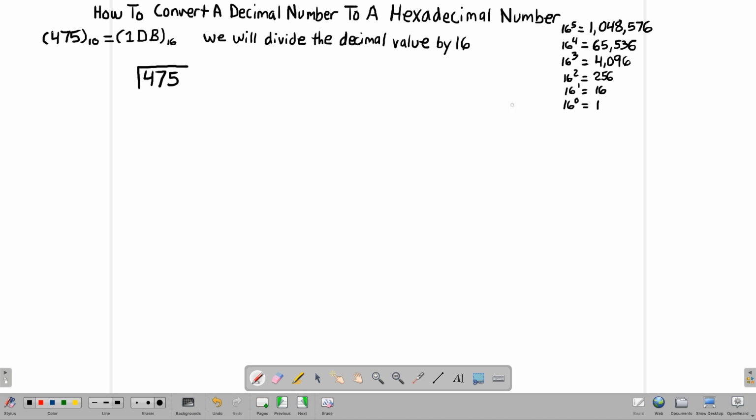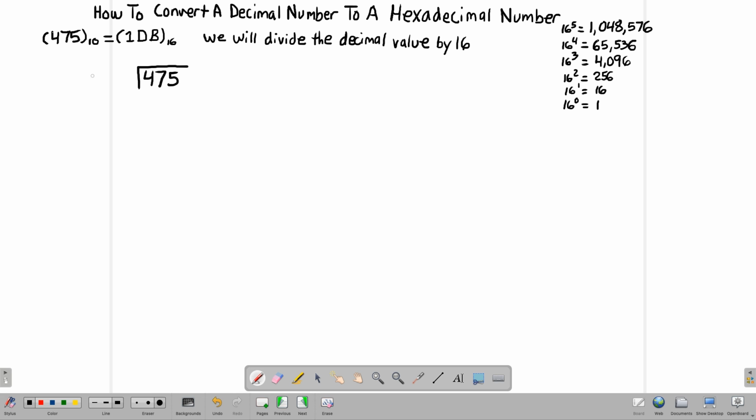So this is why we have the notes towards the right. 4,096, that'll be 16 to the third power, is greater than 475. So we can't use that one, so we're going to use the one right below it. So we have 16 to the second power is 256. So we'll take that and divide into 475.